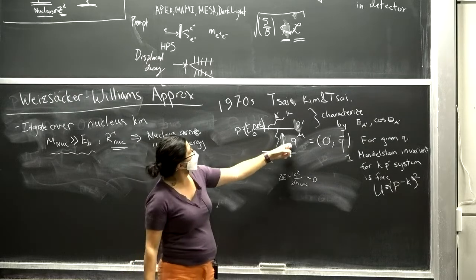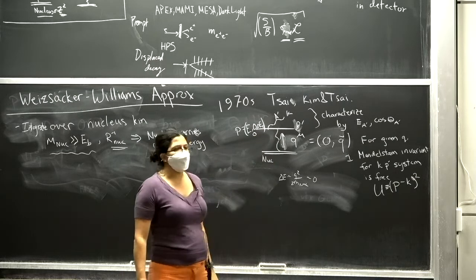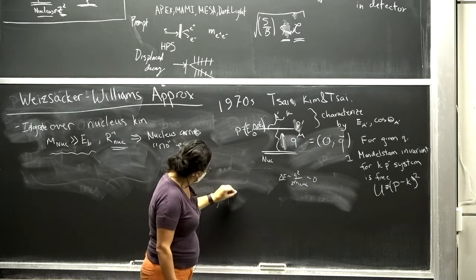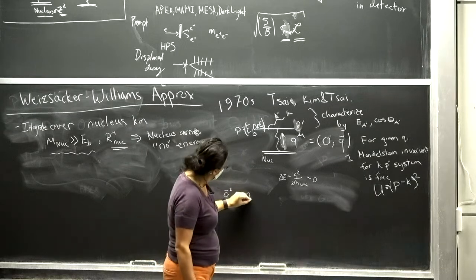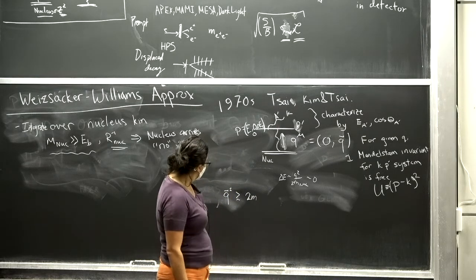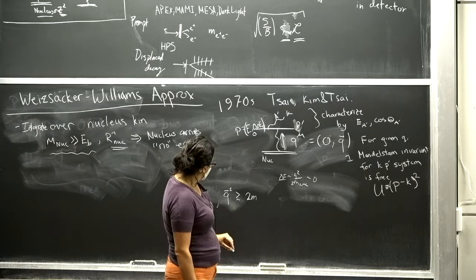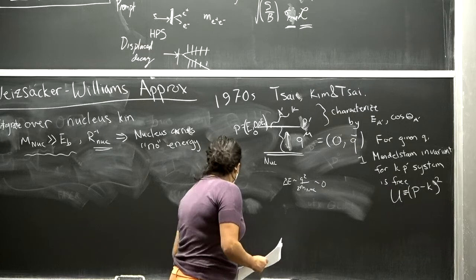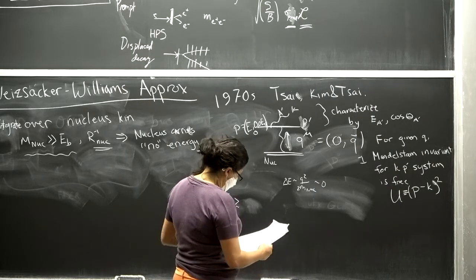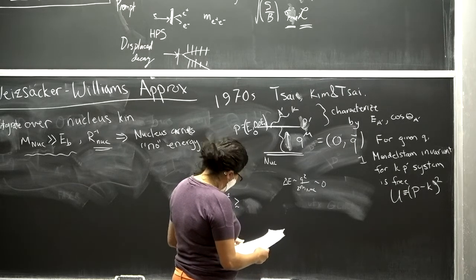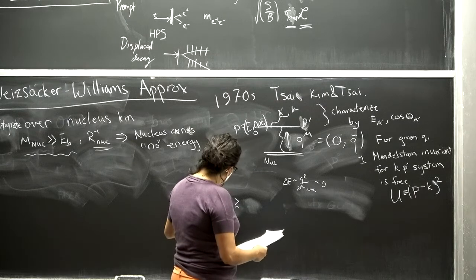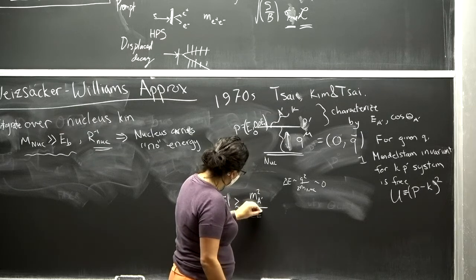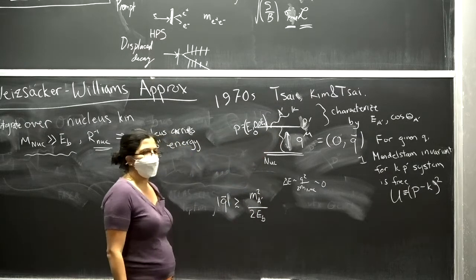If I ask how much Q do I need to have enough CM energy to produce an A prime, what you find is that you need the magnitude of Q to be greater than the A prime mass squared over twice the beam energy in order to get enough CM energy to produce an A prime.